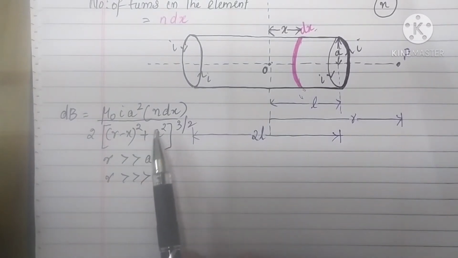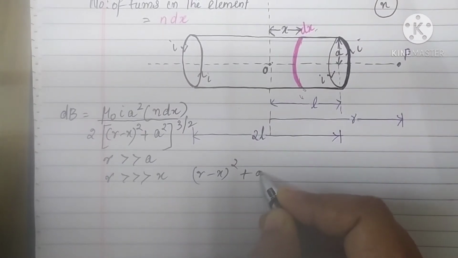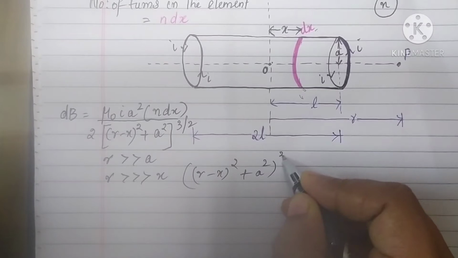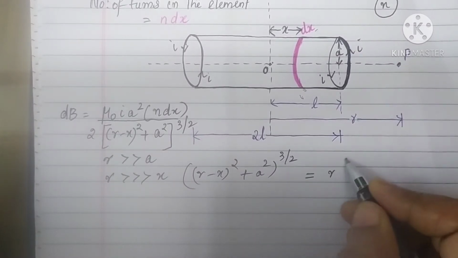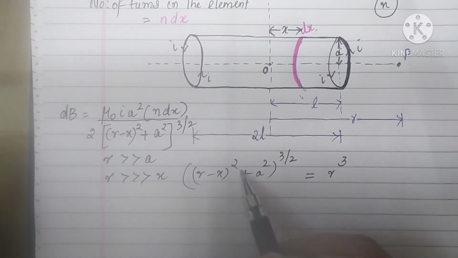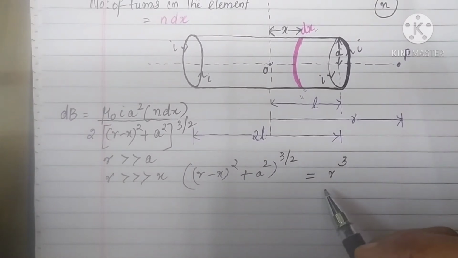So the bottom part, (r minus x) the whole squared plus a squared, the whole raised to 3 by 2, will be equal to r cube, because these two terms get neglected. r squared the whole raised to 3 by 2 gives r cube. Clear?